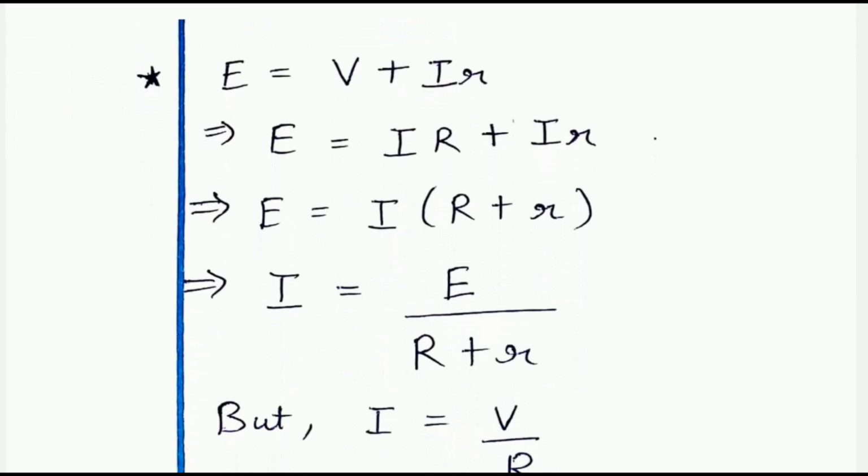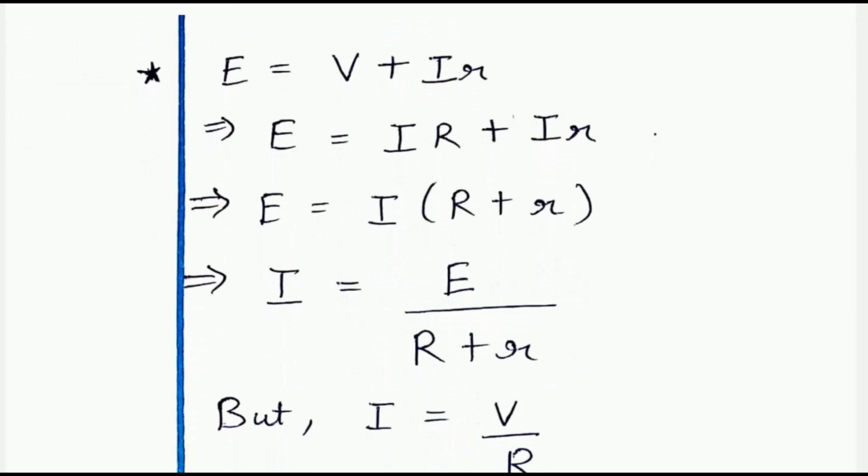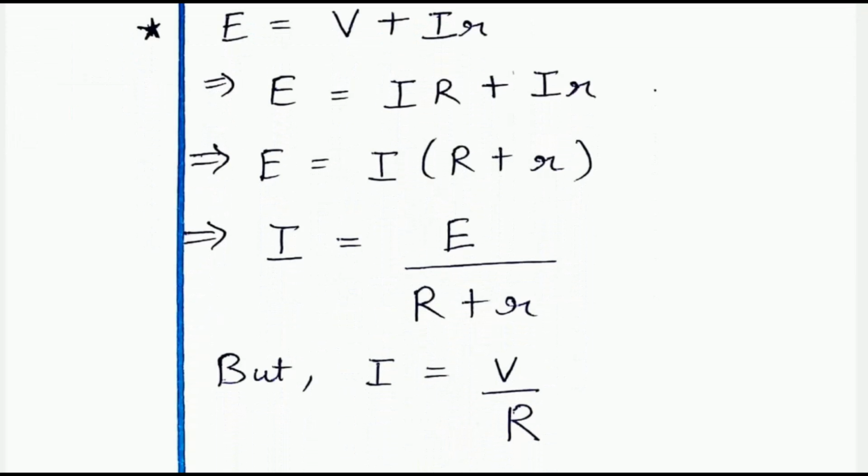Now if we take I common from the RHS, the current flowing in the circuit will be I = E / (R + r).